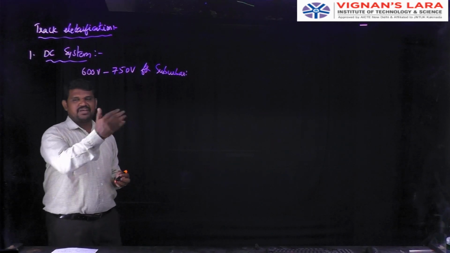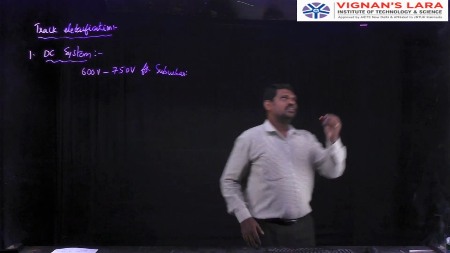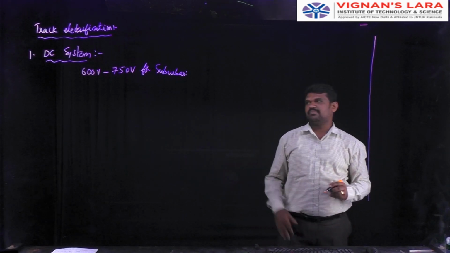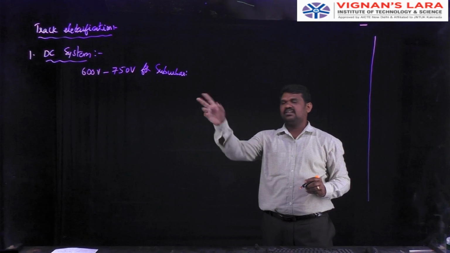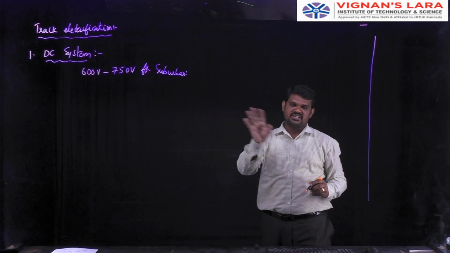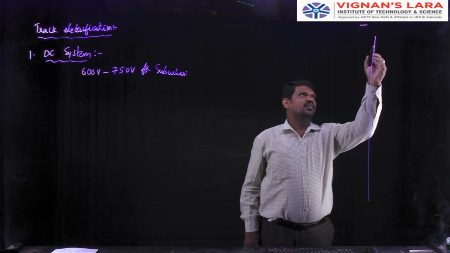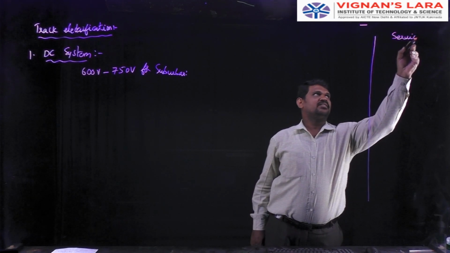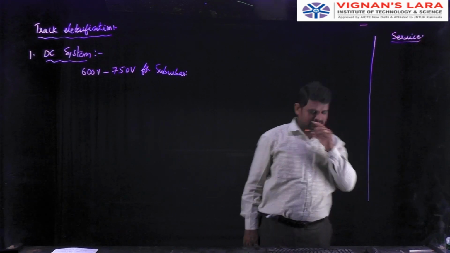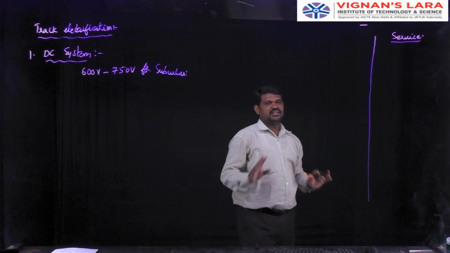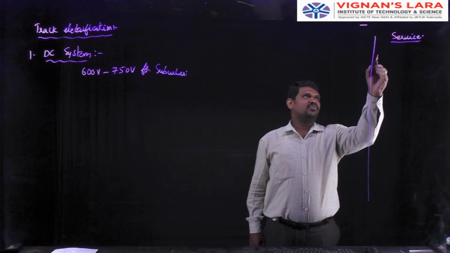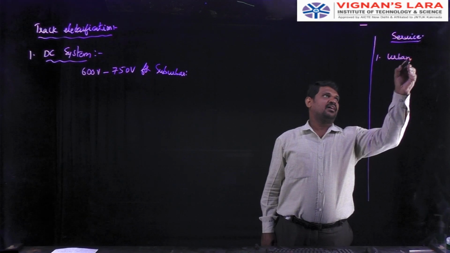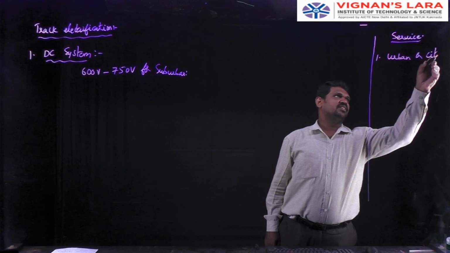So what do you mean by urban and suburban systems? Later I will explain the DC system for suburban, then you can easily understand. Now there are three types of services in normal traction. The first one is urban or city service.